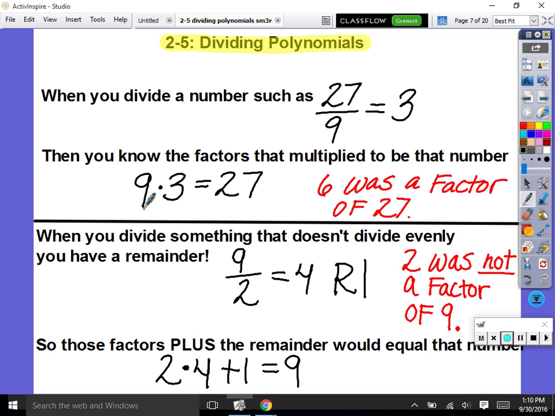So do you see how I got a remainder of 1, everybody? Okay, so then if there's a remainder of 1, then 2 was not a factor of 9, correct? Meaning 2 times nothing multiplies to be 9. So then 2 times 4 plus 1 equals 9, right? 2 times 4 is 8, plus the remainder equals 9. Does everybody see how that works? Okay, awesome.